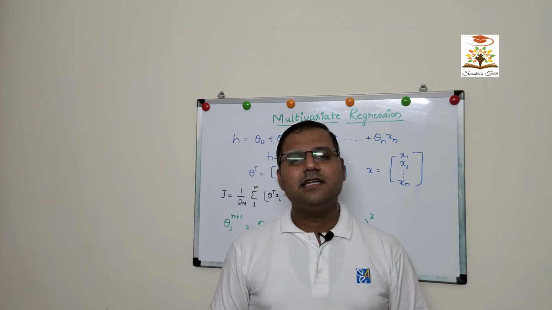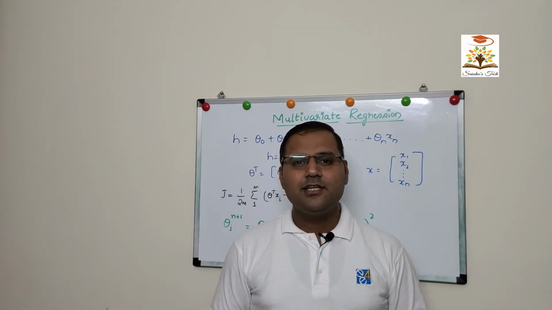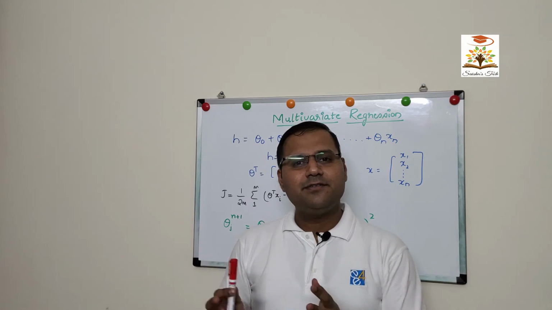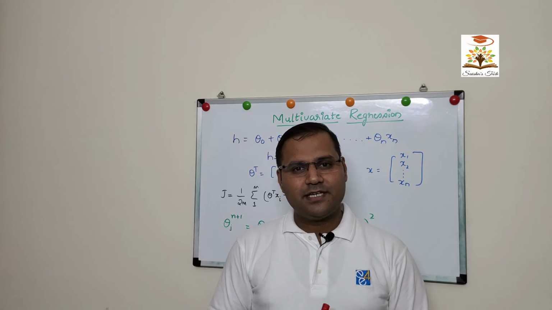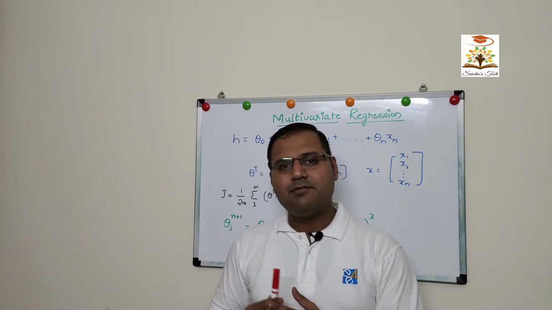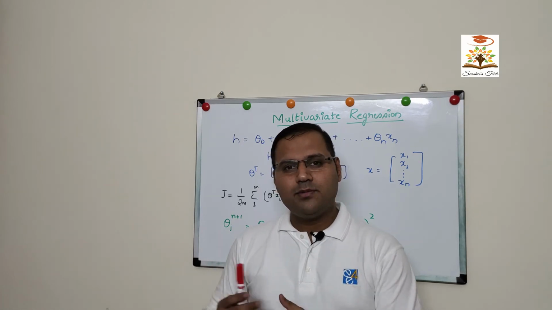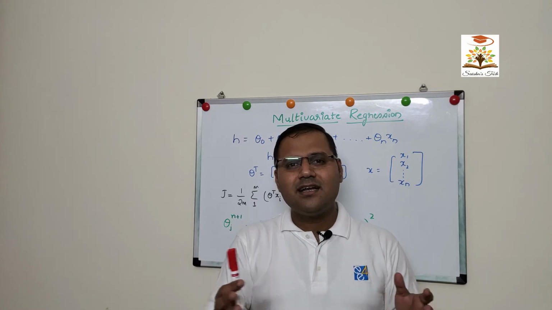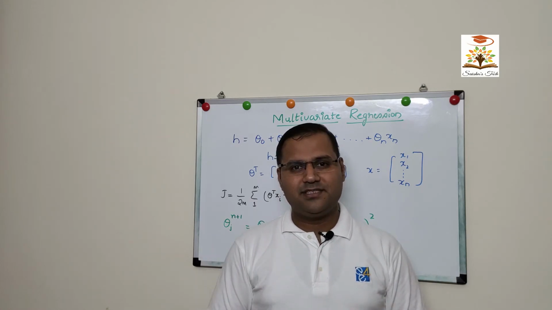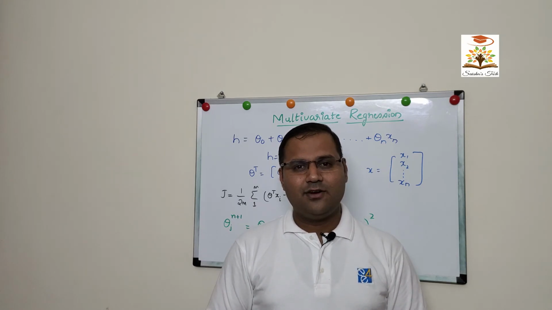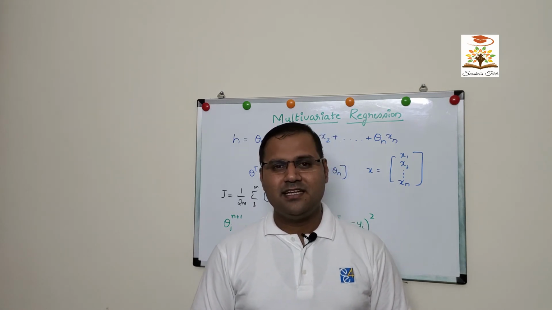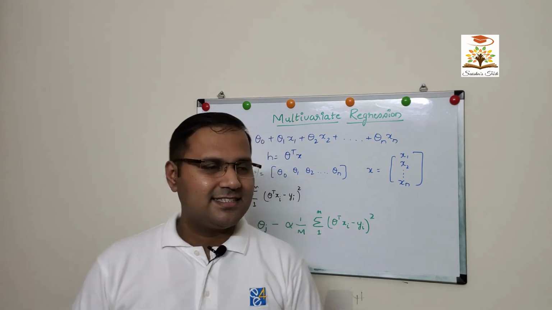In multivariate linear regression models, you have multiple independent variables like age, the school you have attended, the income level, the job which you have. So these are different independent variables, but there is one target variable or dependent variable.